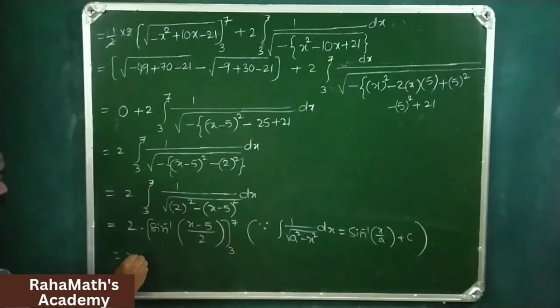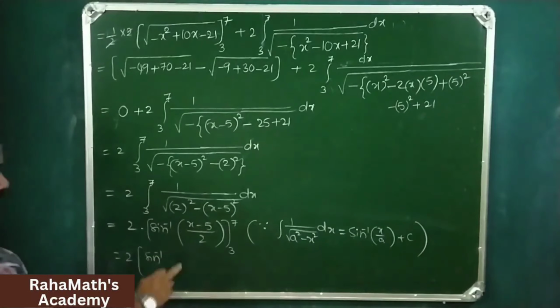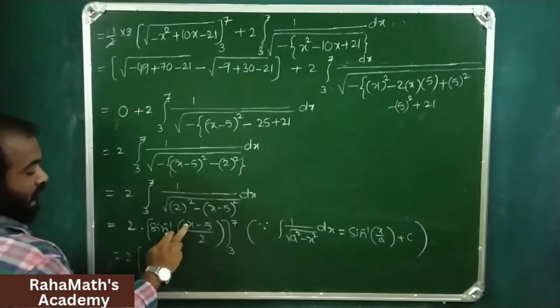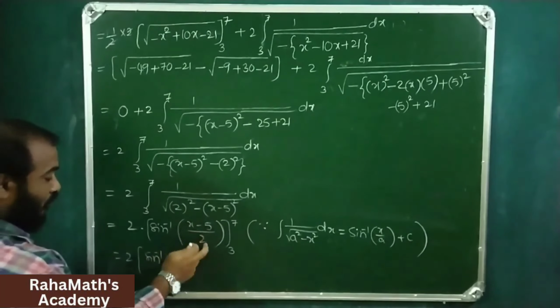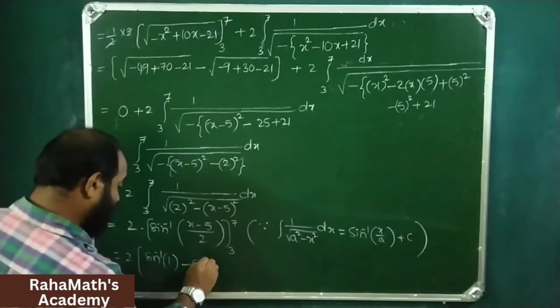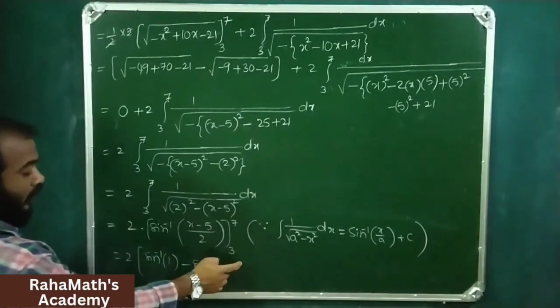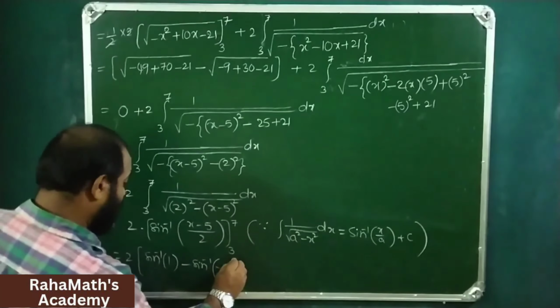So 2 into sine inverse, substitute x as 7, upper limit. 7 minus 5 is 2, 2 by 2 is 1, minus sine inverse, substitute lower limit. 3 minus 5 is minus 2, by 2, so minus 1.